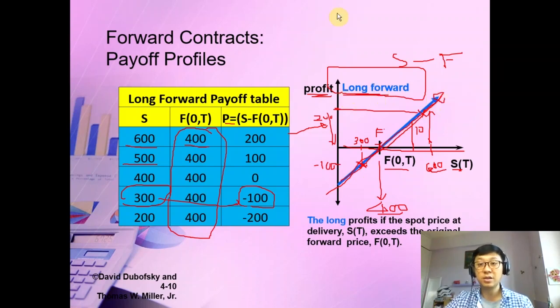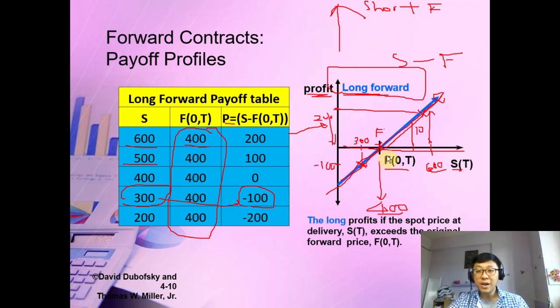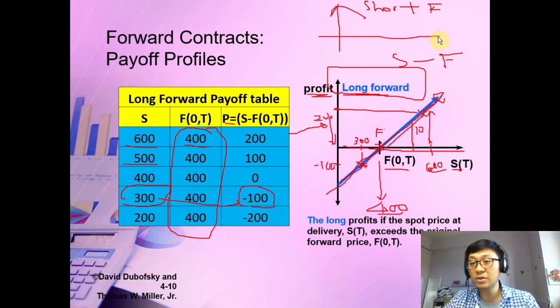A long forward. So what about a short forward? Let's say we plot a short forward. So for the short forward, whatever gains the long has will be the negative for the short, because the formula is reversed: F minus S. So you might end up with a graph that looks like this.